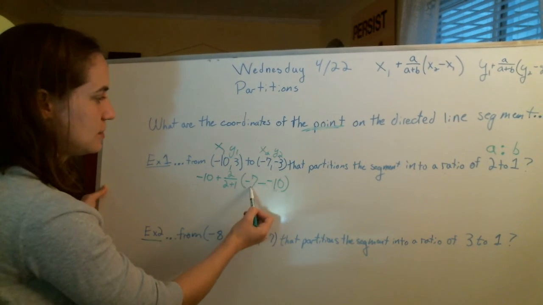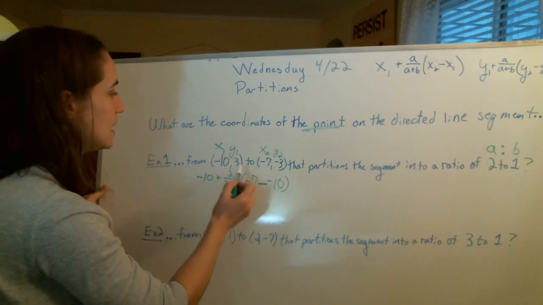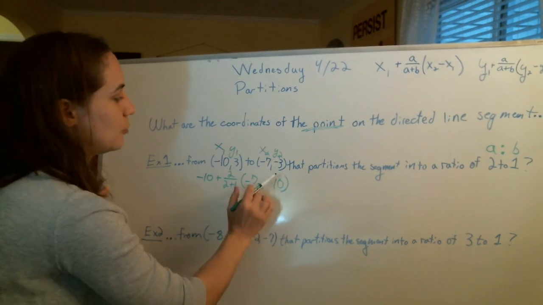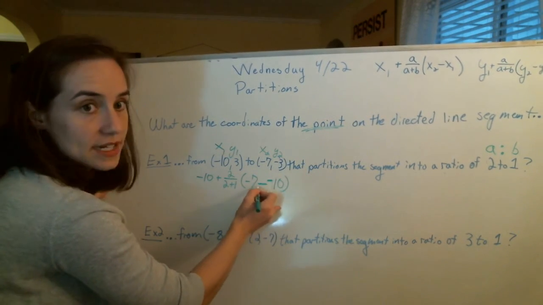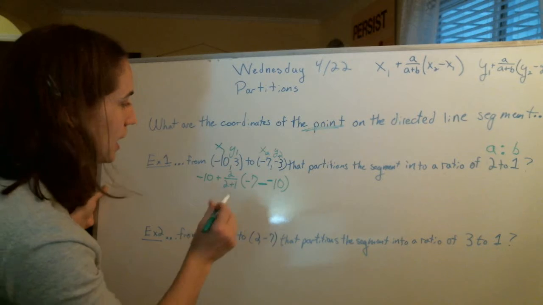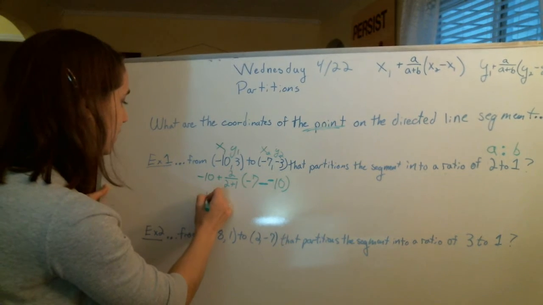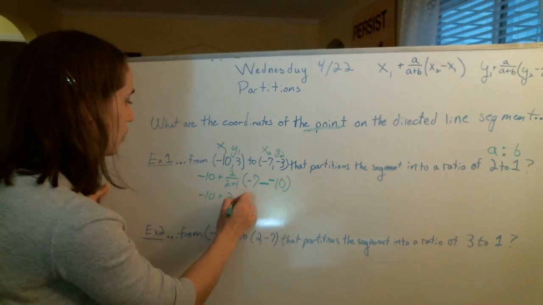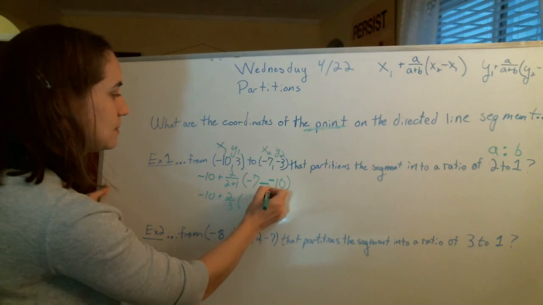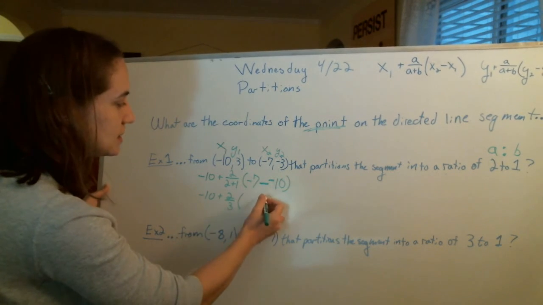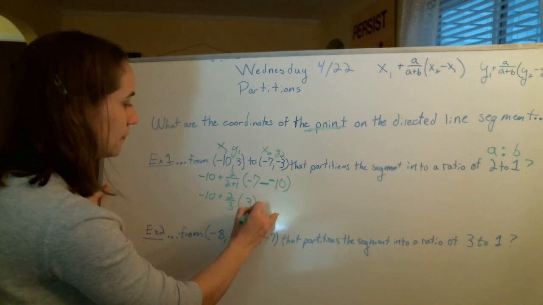Okay, x2 minus, you have to write minus, and then whatever x sub 1 is, positive, negative, whatever. So you might end up with those double negatives like that. Okay, simplifying, we've got negative 10 plus 2 over 3, and this becomes negative 7 plus 10, which is 3.